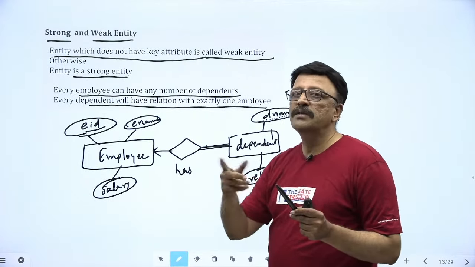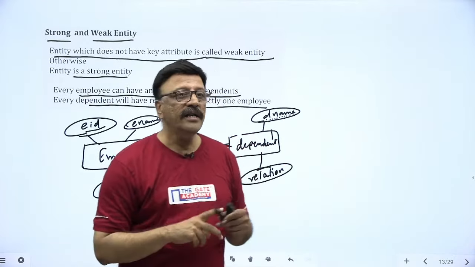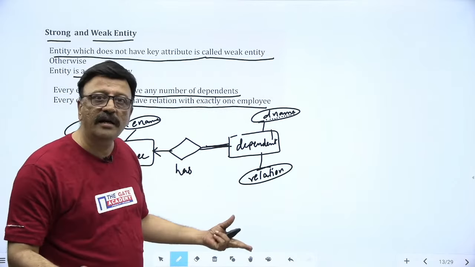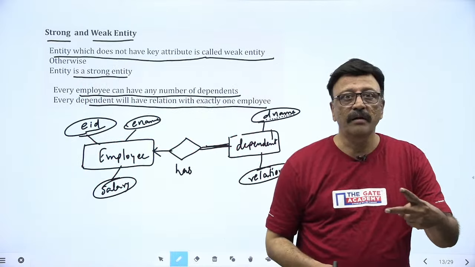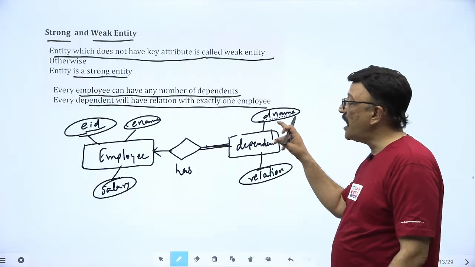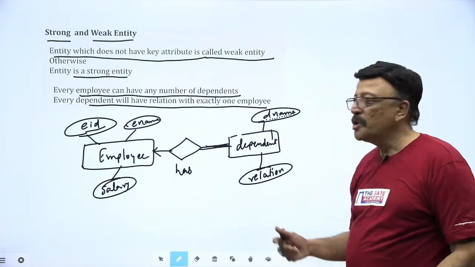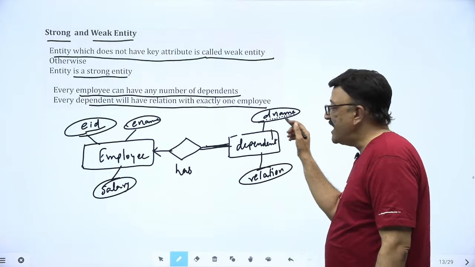Because two dependents may have the same name. If my daughter's name is Radhika, then some other employee will also have a daughter whose name is Radhika. It can happen. So there can be two dependents with the same name. But basically, when these dependents are thought of, they will always be thought of by their names. So this is an identifying attribute. That's why it has been drawn with a dashed line.